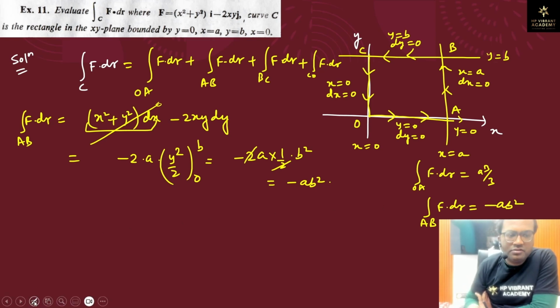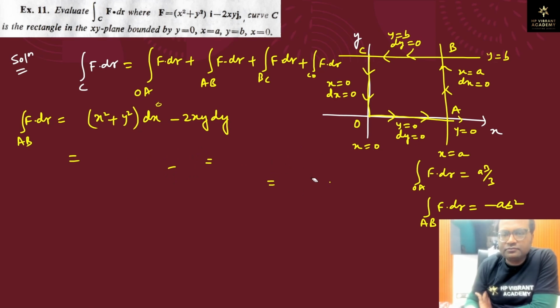Now let us find along BC. Along BC we have y is equal to b, dy is equal to 0, so this whole expression vanishes. Now we have (x square plus y square) dx.